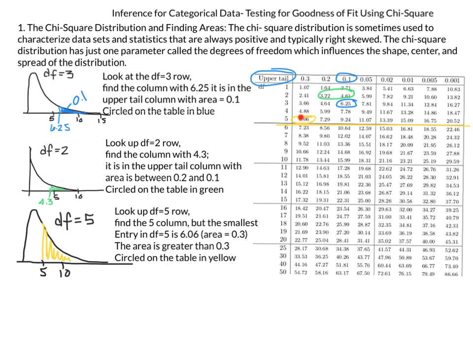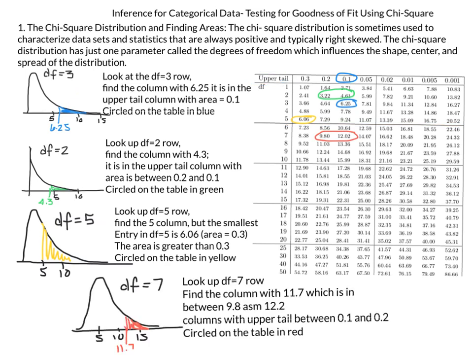But what I can see is the area gets larger, so that means if we went down from 6 to 5, we would have something larger than 0.03. So the area is greater than 0.03. Let me just write greater than 0.03.